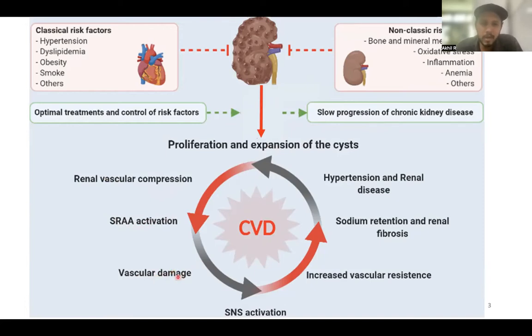Once vascular damage occurs, the sympathetic nervous system will be activated. As a result, a cascade of events will take place, which includes sodium retention and renal fibrosis. This renal fibrosis will in turn increase hypertension, and the renal disease will be aggravated. So this is how the correlation between these two diseases is seen.